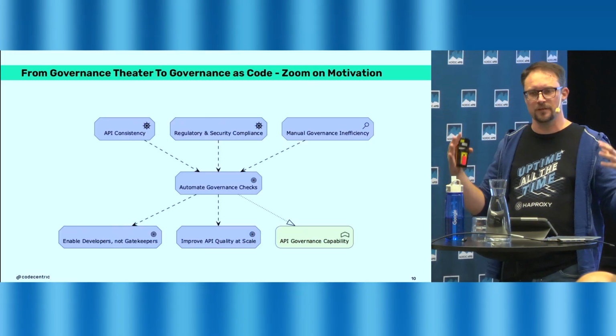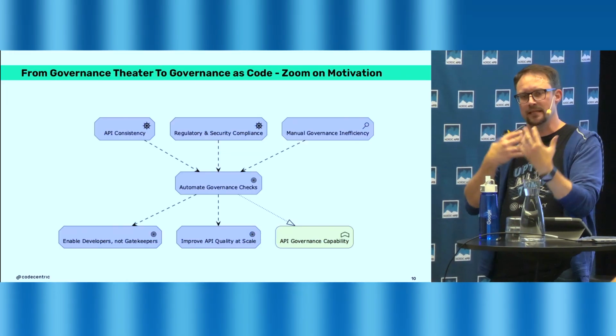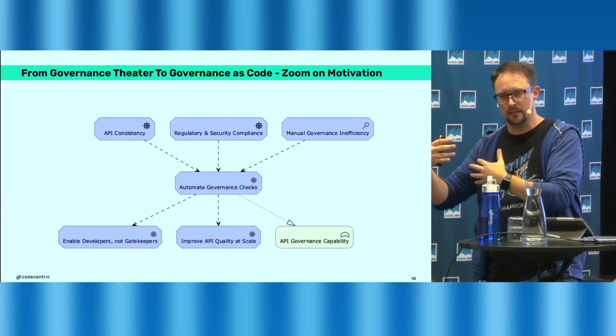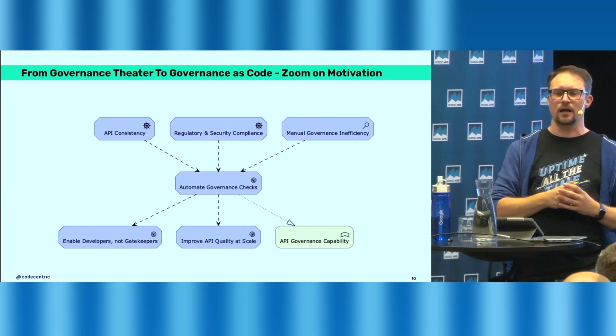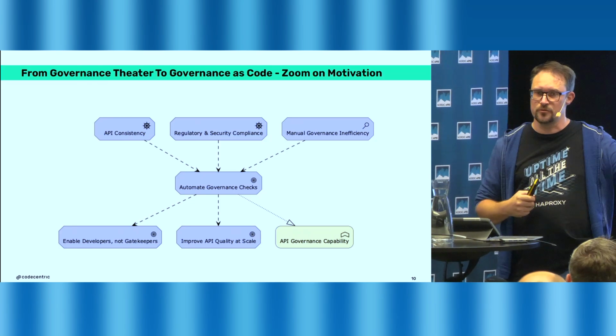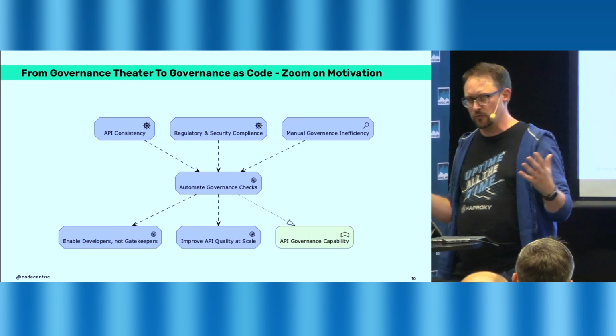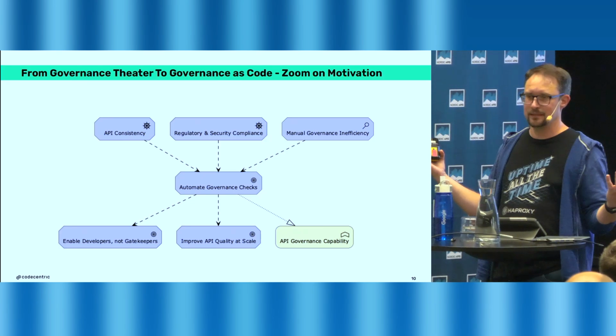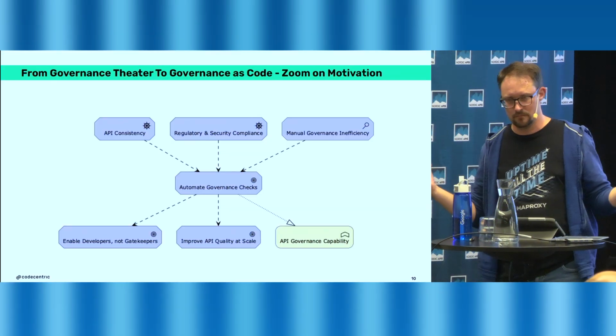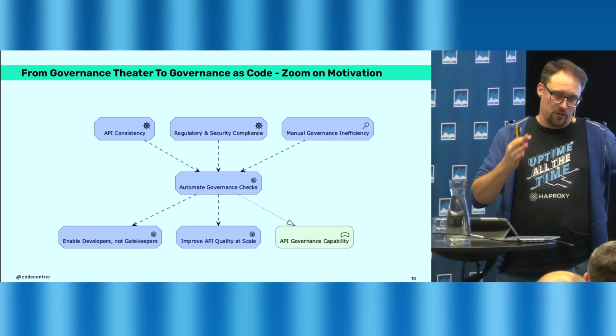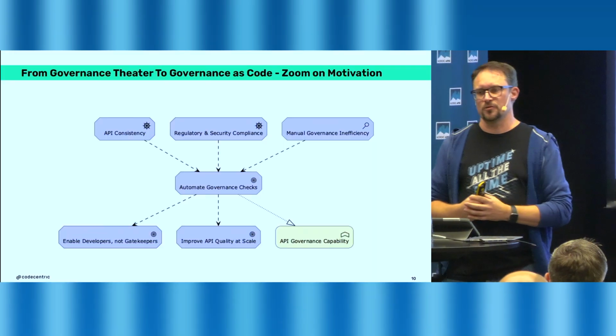Because when we have convinced the developers that it's just a native step to do this, and not to think, I have to write, because we heard even today we have to do API design first, I have to write a YAML file or a JSON file to do OpenAPI descriptions.